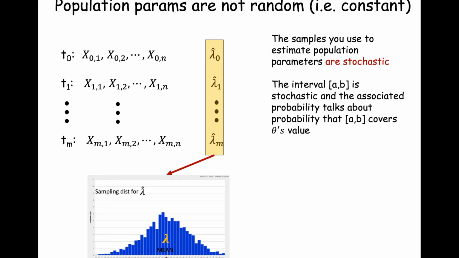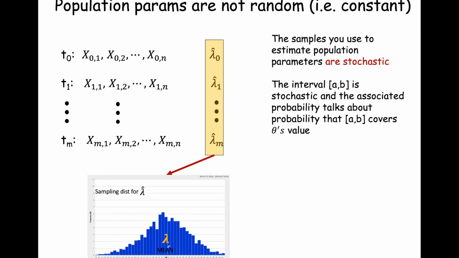And so because these are based on samples, and the samples are different from one another, from one round to the next, these lambda hats are going to be different from one another. And so we get a distribution, our so-called sampling distribution for lambda hat.